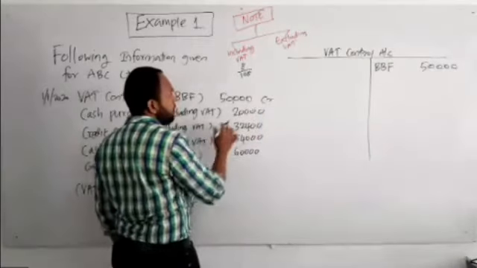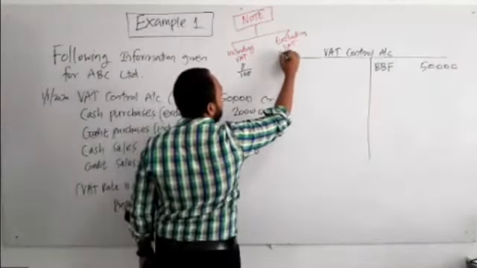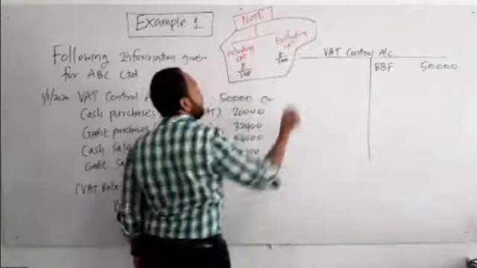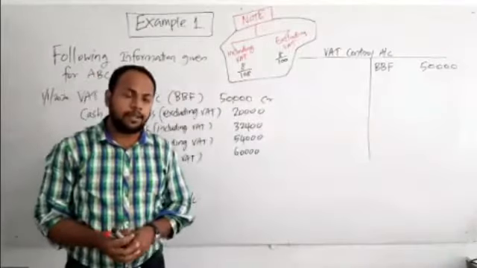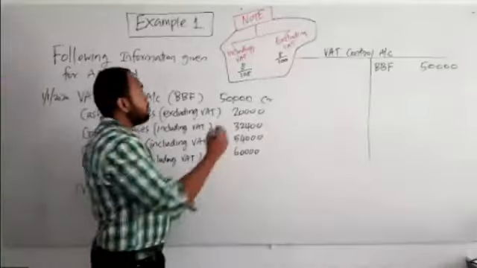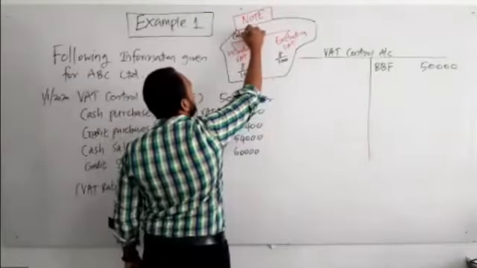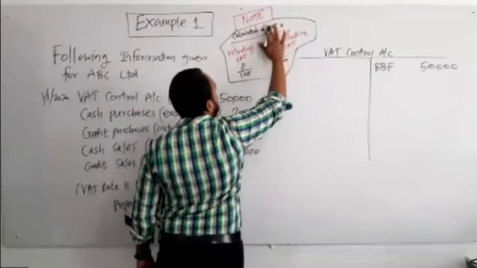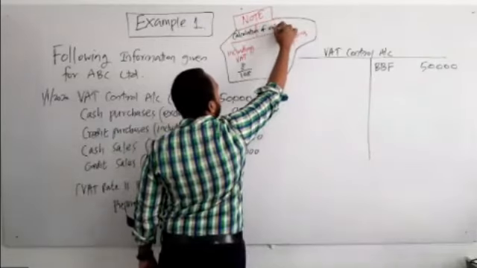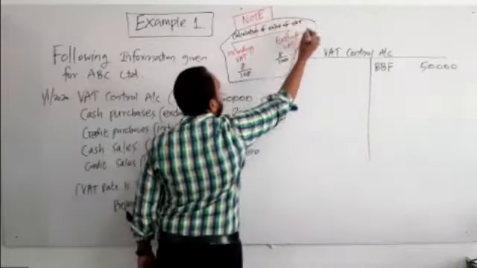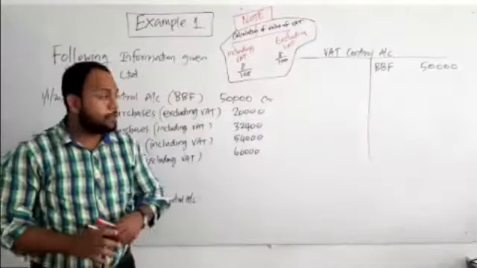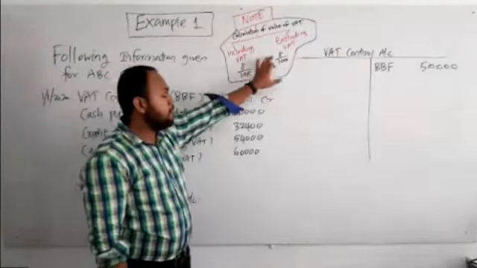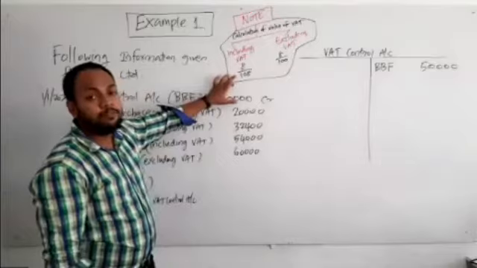If it is excluding VAT, then 8 over 100. That's the way of calculating the VAT amount. So if it is 12%, then 12 over 112, 12 over 100. If it is 15%, 15 over 115.